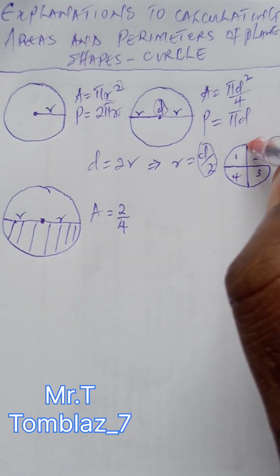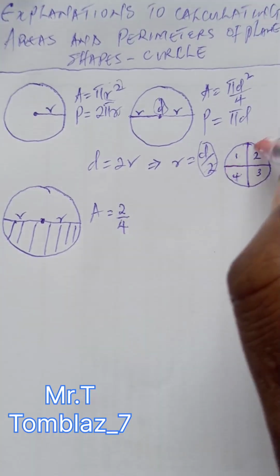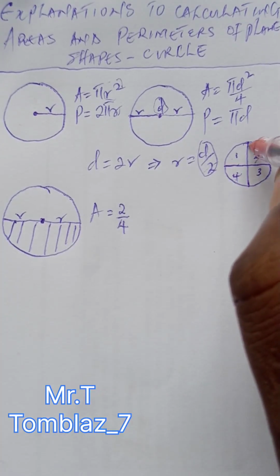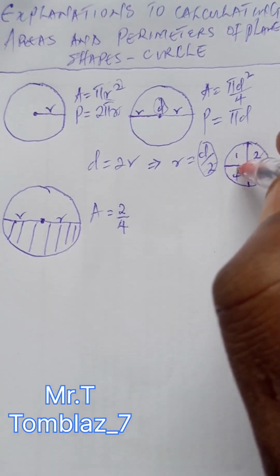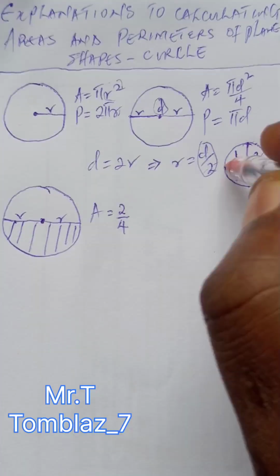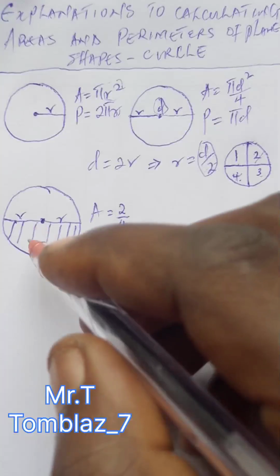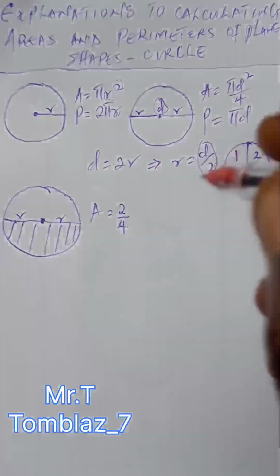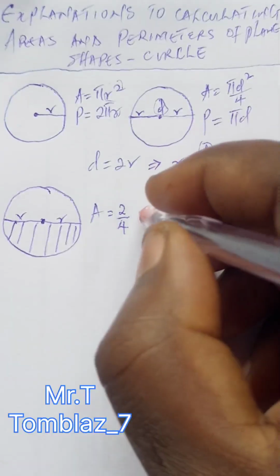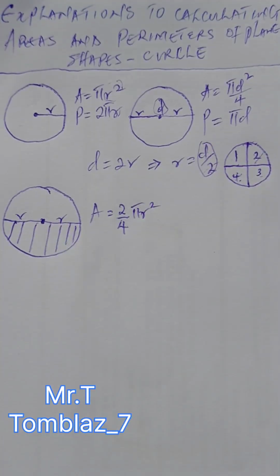If this circle is shaded only half of its size, it will be 2 over 4. If only one portion is shaded, then it will be 1 over 4. But if 3 portions are shaded, it will be 3 over 4. So since here we only have 2 of 4 shaded, we have 2 over 4 of the area, so the area still remains pi r squared, right?